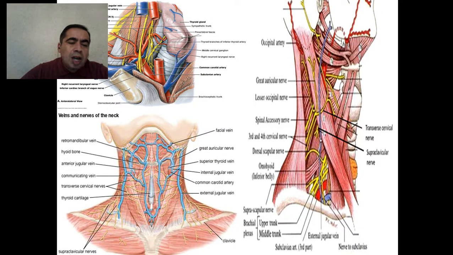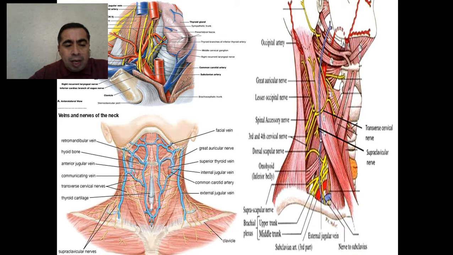The internal jugular vein has two kinds of roots, intracranial and extracranial. In the neck region, we have to talk about the extracranial roots of the internal jugular vein, such as the facial vein and the veins from the pharyngeal plexus.